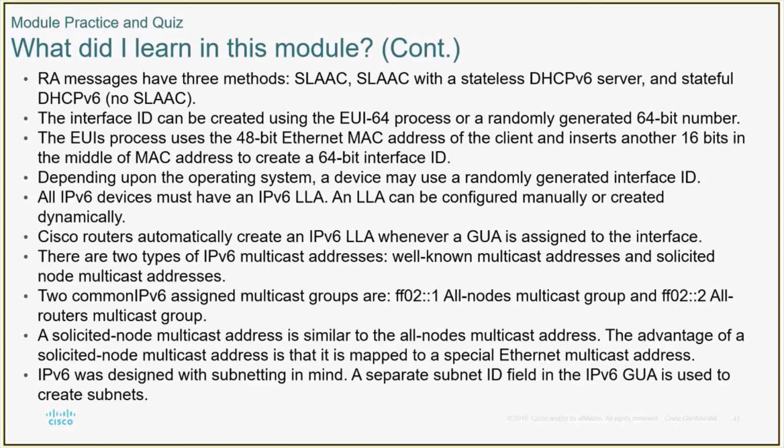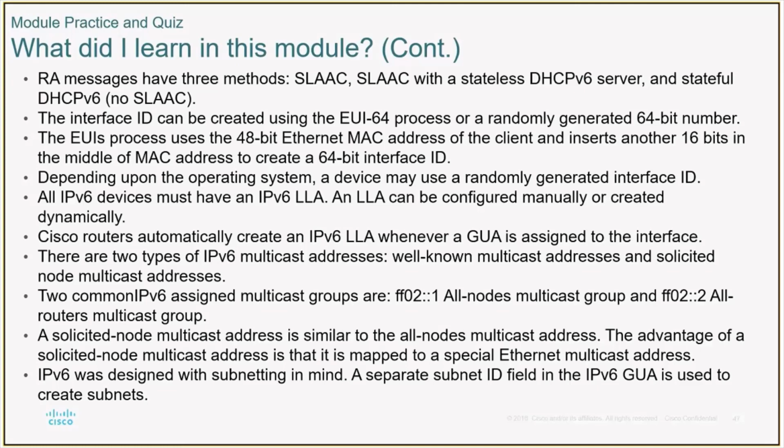RA messages have three possible options: fully automated, stateless DHCP, or completely DHCP server. The interface ID can be created either by the EUI-64 process or a randomly generated number. The EUI-64 process uses the 48-bit MAC address and then inserts another 16 bits in the middle to get the interface ID.